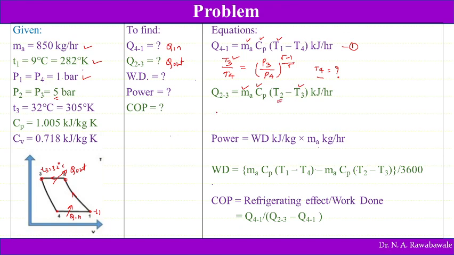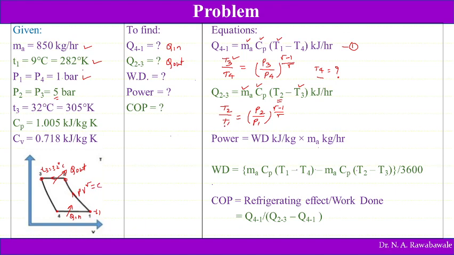So to find out T2, again we use PVT relations. T2 divided by T1 is equal to P2 divided by P1 to the power of gamma minus 1 divided by gamma. So applying this PVT relation to the adiabatic process, PV raised to gamma is equal to constant for process 1 to 2.